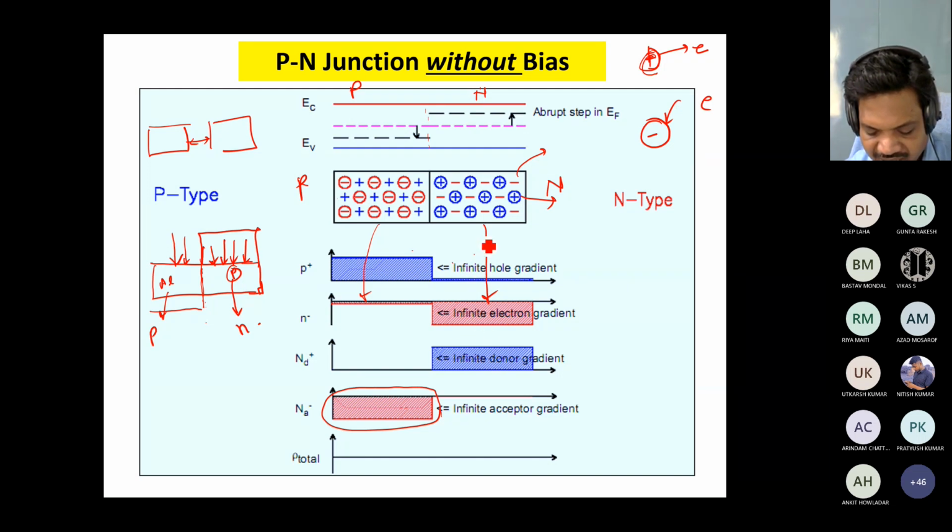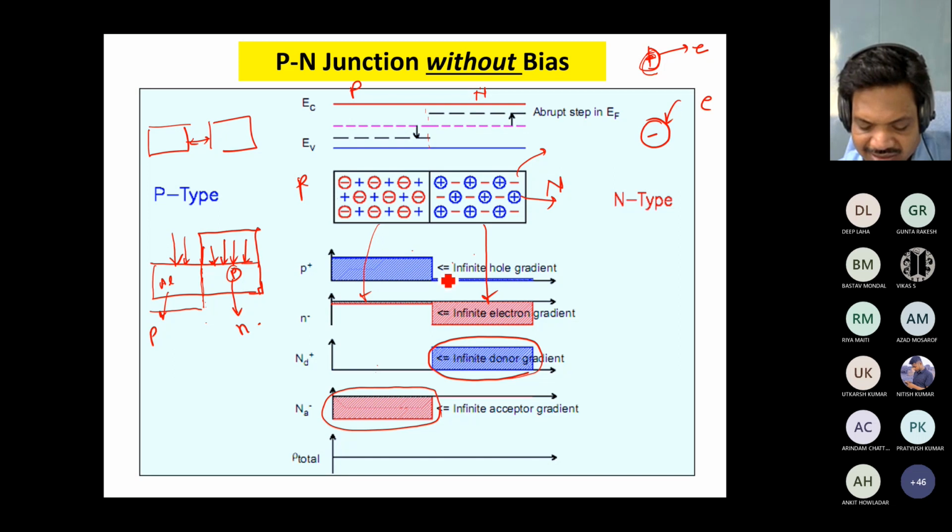In the n side the electrons are more, and in the p side the electrons are less. Also in the n side, the ionized donor atoms are very high compared to the acceptor atoms, and in the p side there are actually no donor atoms.